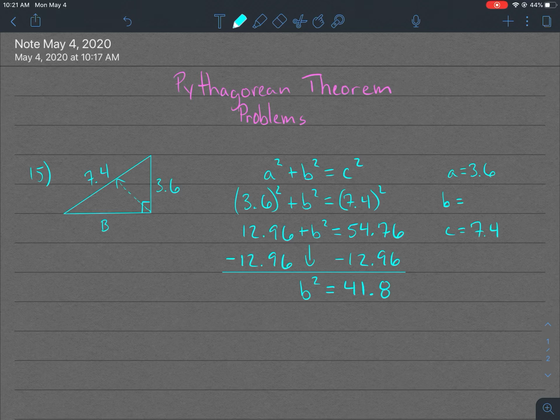Now to undo a square, you have to take the square root of both sides. So b is equal to the square root of 41.8. Now I'm okay with you leaving your answer like that. Now if you have a calculator that can do the square root of 41.8, that's fine.